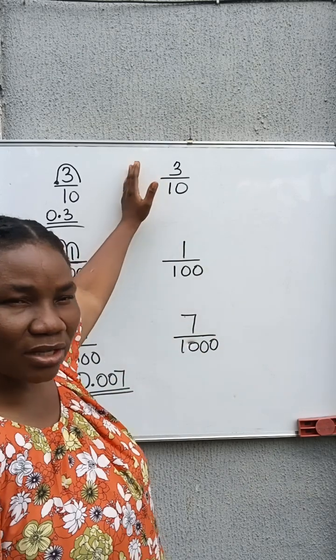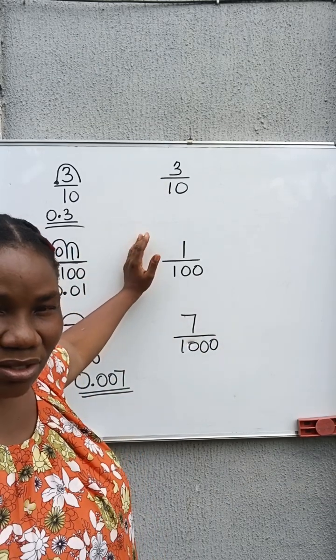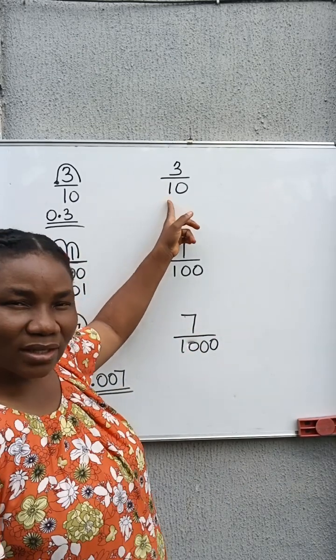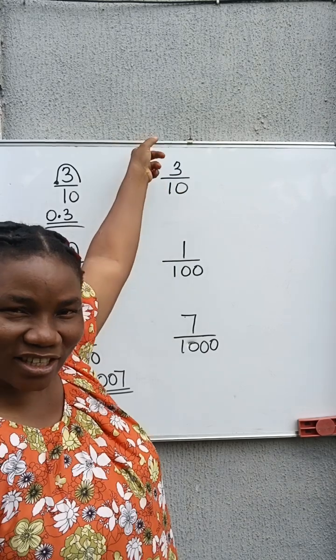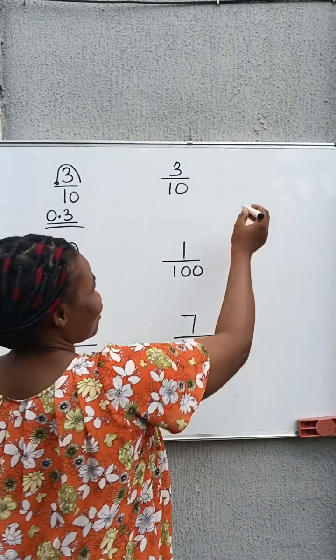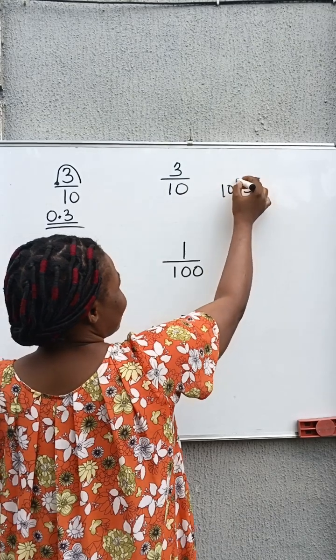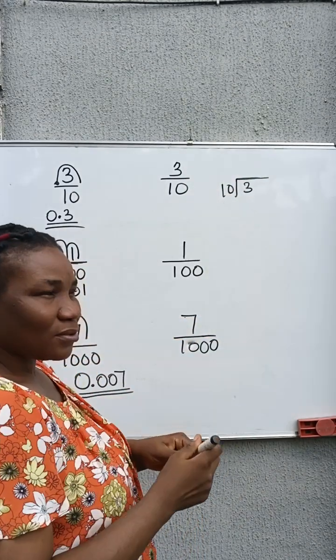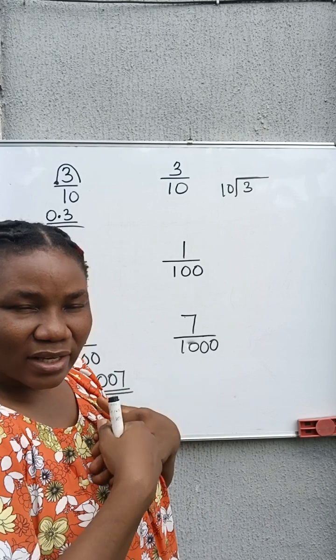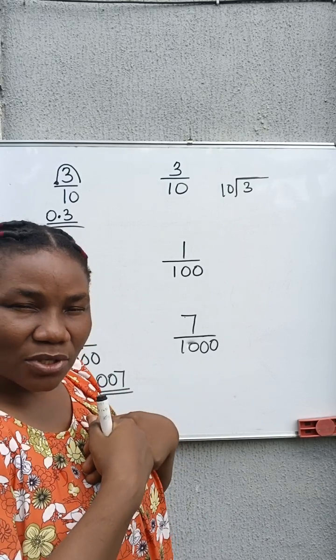So we just did the short form method of taking these fractions to decimal. Now let me show you how to do it using the division method. 10 is the divisor, 3 is the dividend. 10 will be outside, 3 will be inside. Now 3 will be divided by 10. Is it possible?